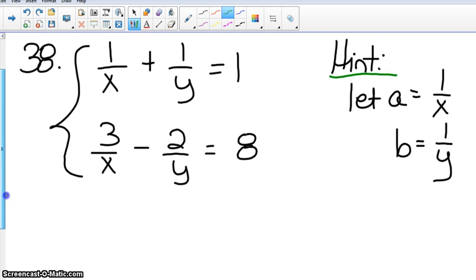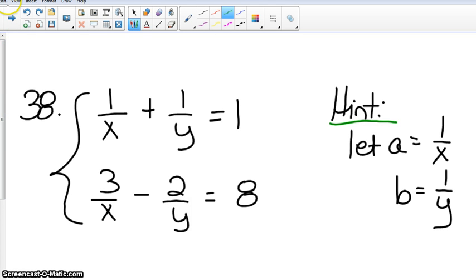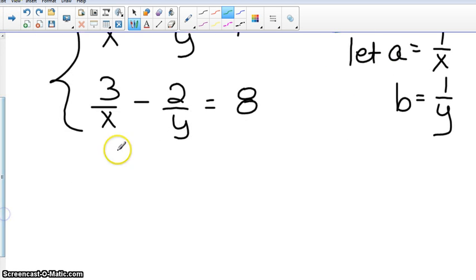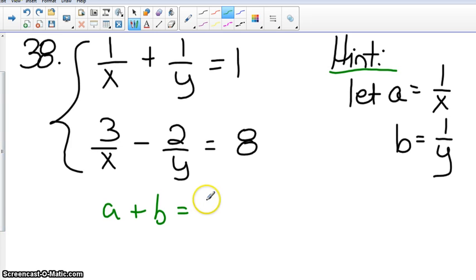So what we can say is that in the first one, a plus b is equal to 1.